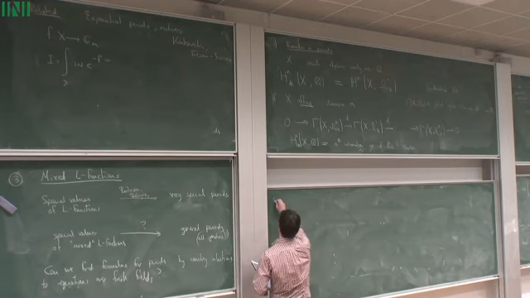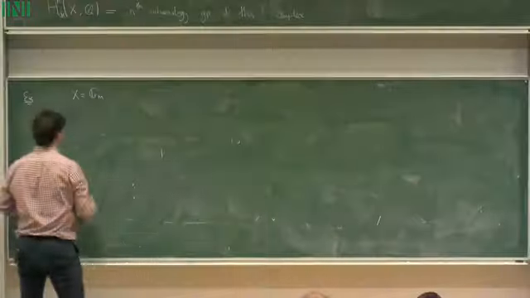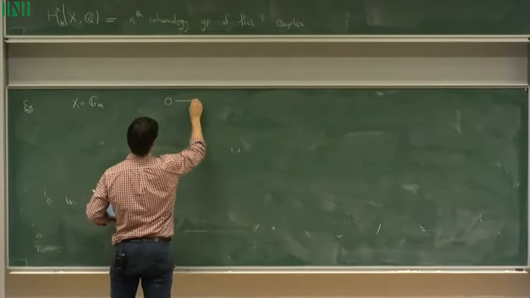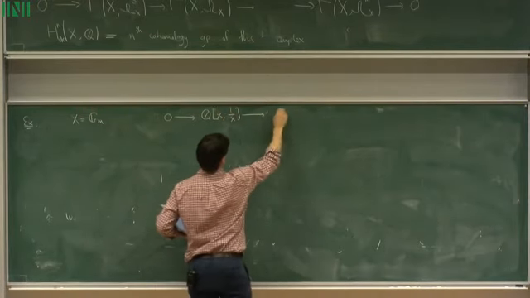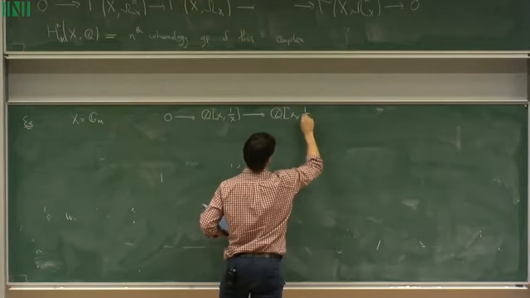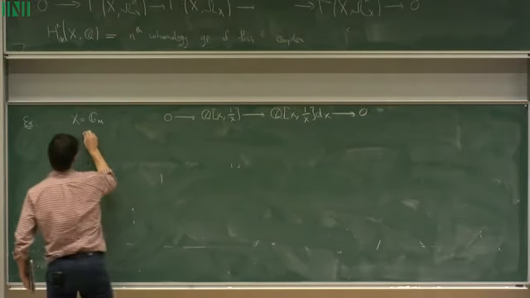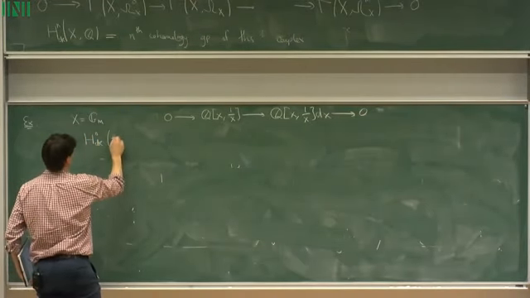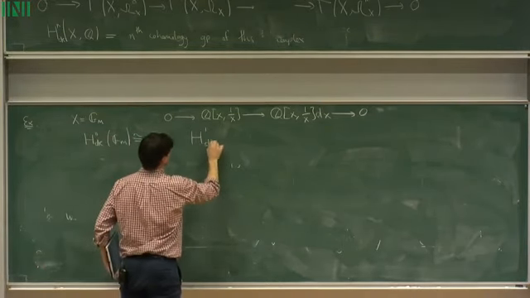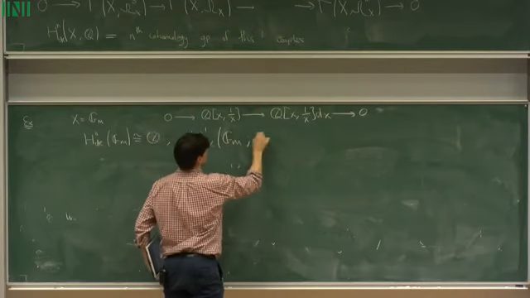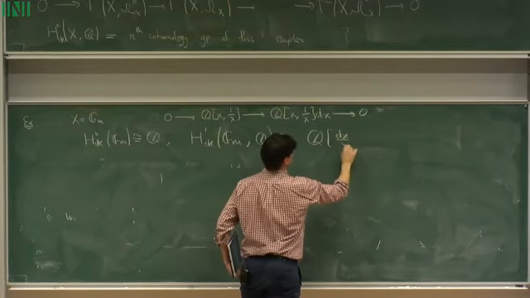So maybe a quick example. If we take X equals G_m, then this complex is simply: the 0-forms are just the regular functions on G_m, and then the 1-forms, and it stops there. So we get H^0 de Rham of G_m is Q, and H^1 de Rham is of rank 1, generated by dx over x.